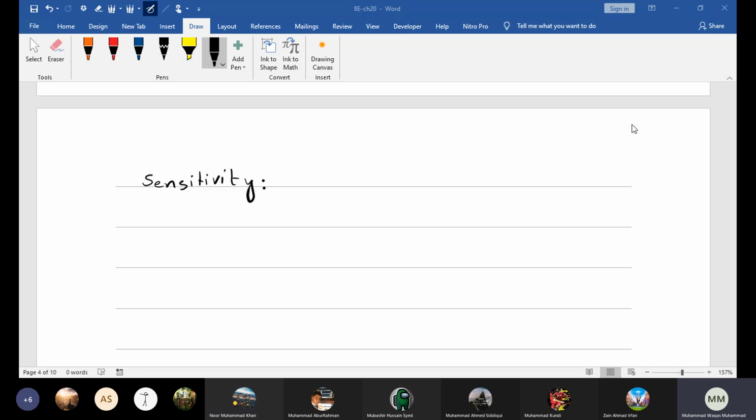Shabash. So there is a property that changes with temperature, right? Now beta, sensitivity of the thermometer is basically the measure of how much that property changes for a certain change in temperature, or you can say for each unit change in temperature. Getting my point or not? Understood?